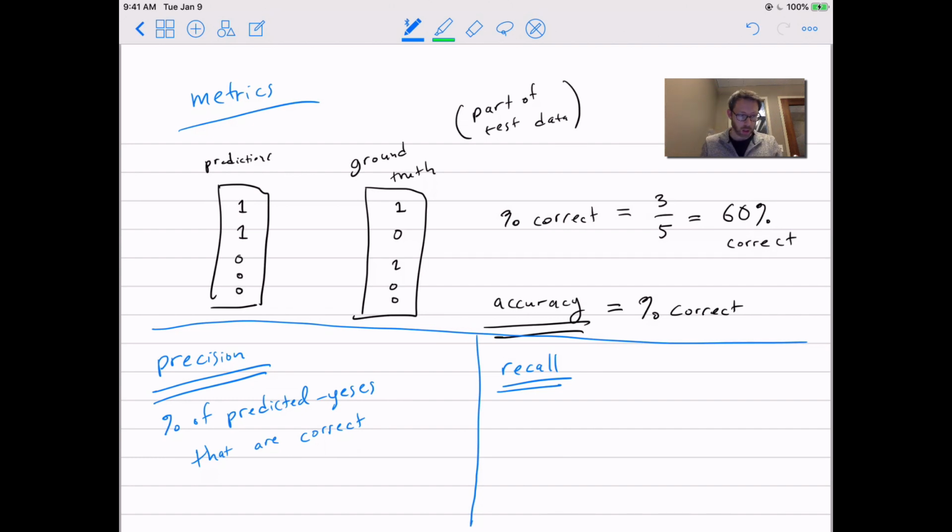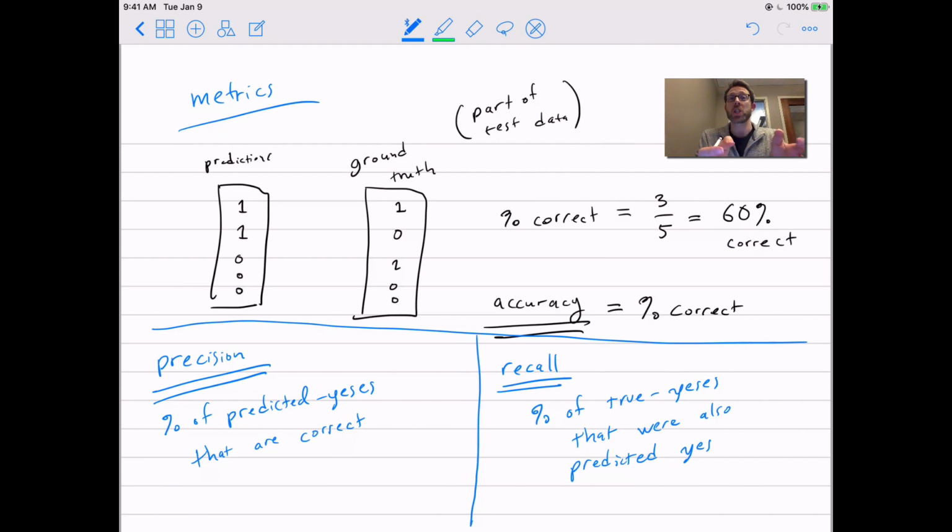More. Recall is going to be the percent of true yeses that were predicted yeses, say that were also predicted yes. All right. So in the Joe Biden news article example, let's say we predicted 30 articles would be about Joe Biden, and in truth, only 20 of them actually were.